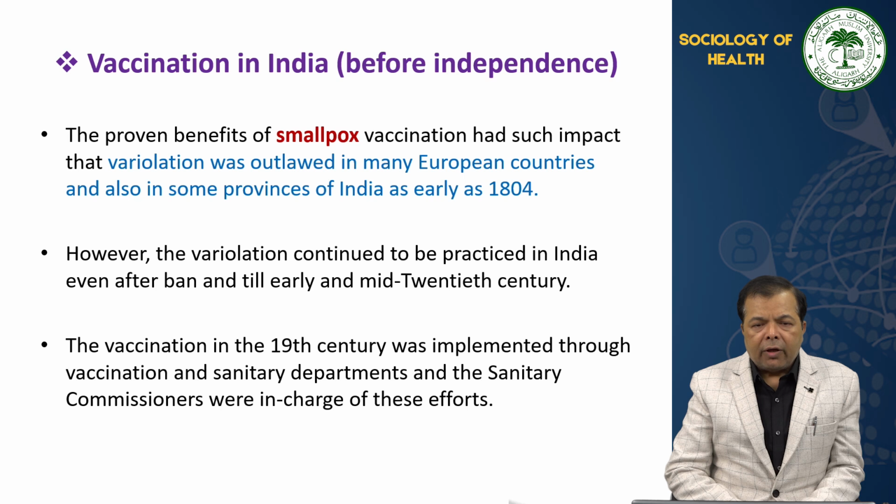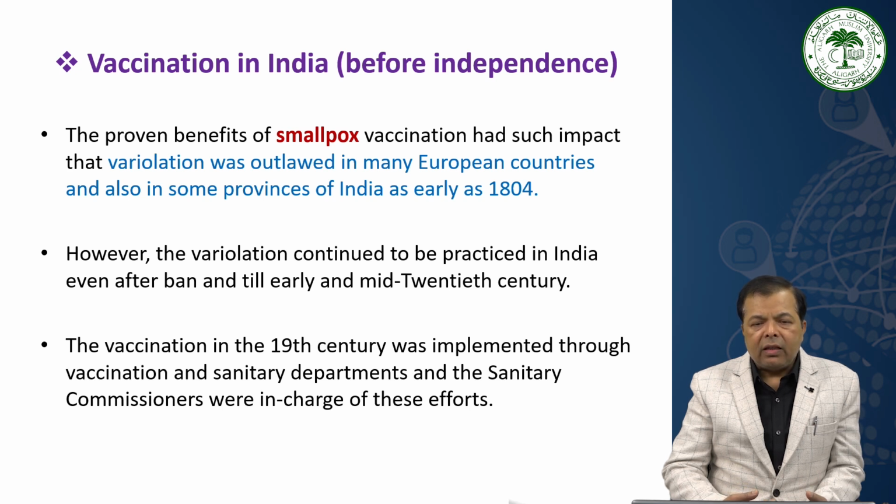However, variolation continued to be practiced in India even after the ban until the early and mid 20th century, because those were part of the cultural life of people. So, as the modern vaccines had not reached those societies, they were continuing with the older practices.